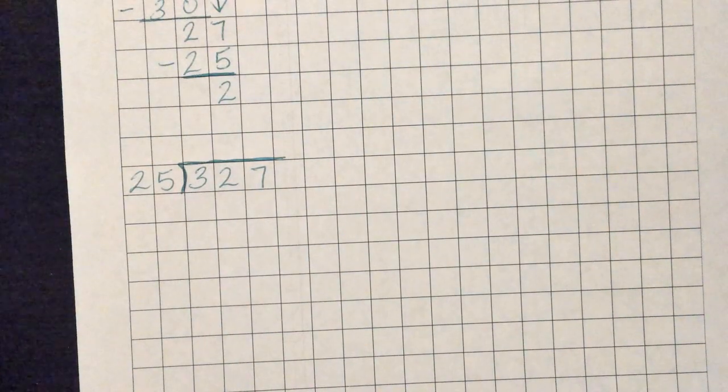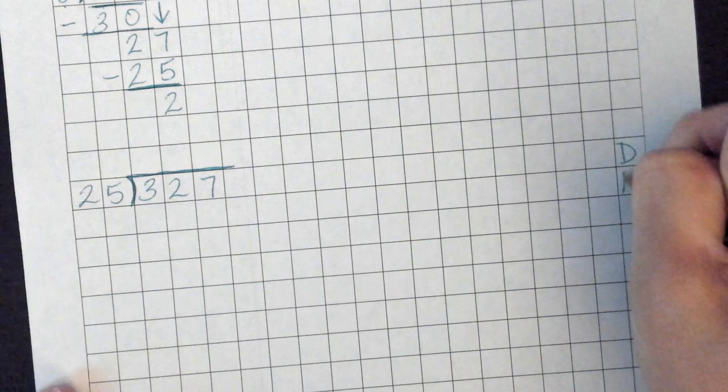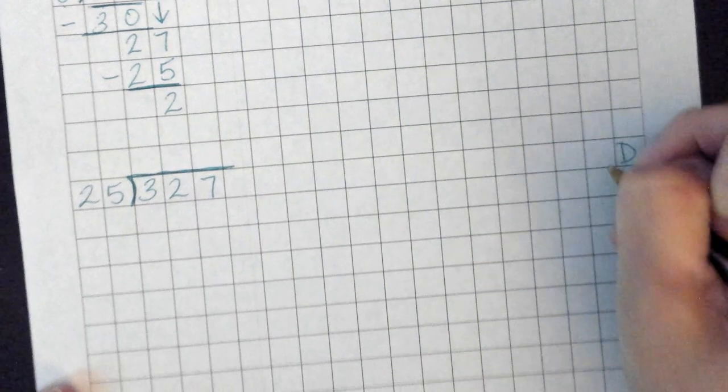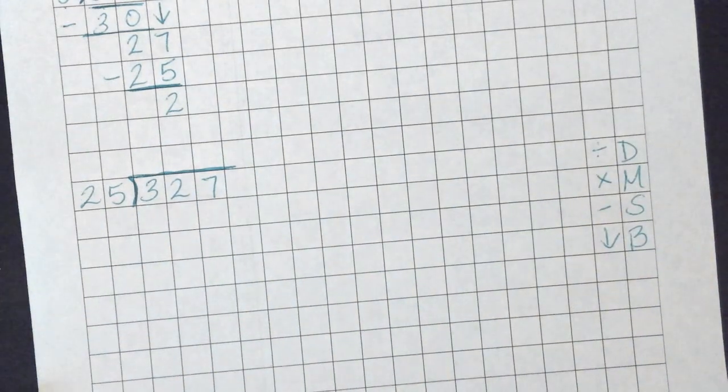So 25 going into 327. Multiple digit divisors are the same as single digits. The process is just exactly the same. It's still the dangerous monkeys steal bananas. It is the exact same.